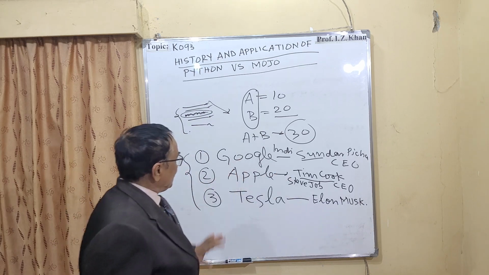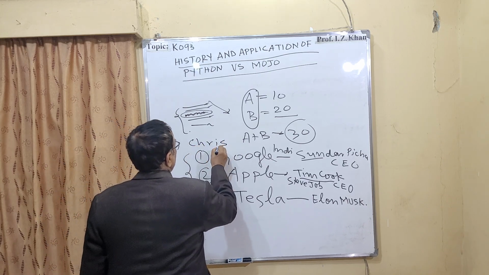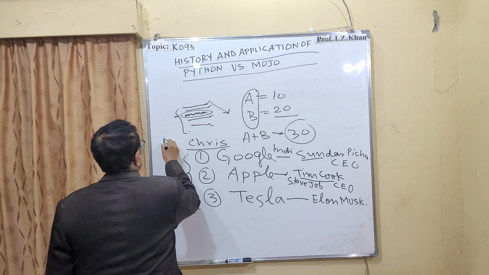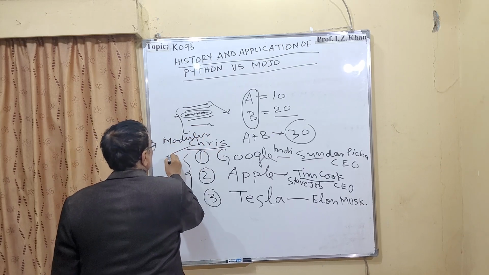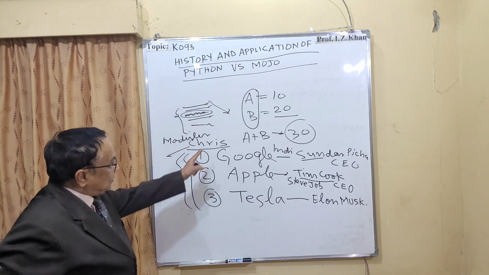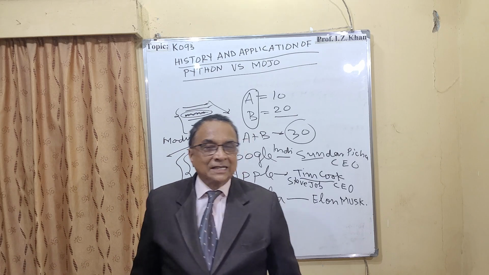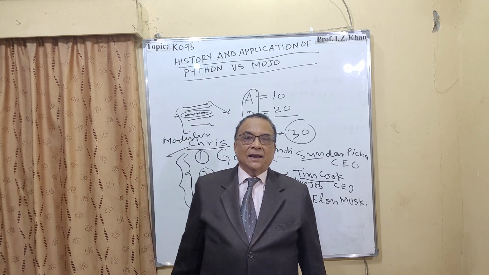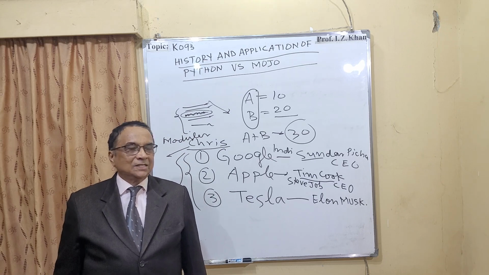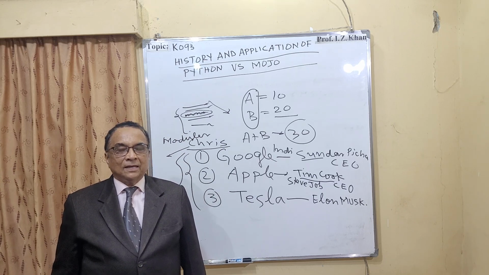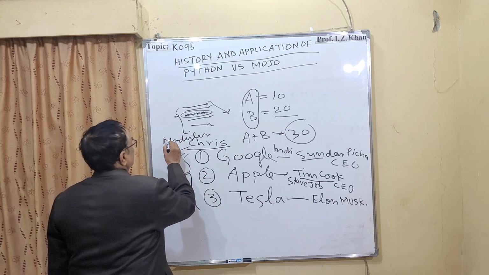So what happened? One man, Chris, worked in these three companies. Gentleman Chris launched his new company just a few months ago using $20 million, and that company's name is Modular.